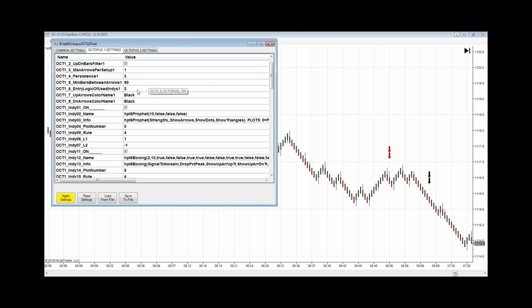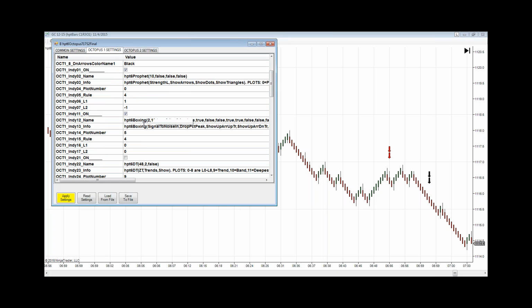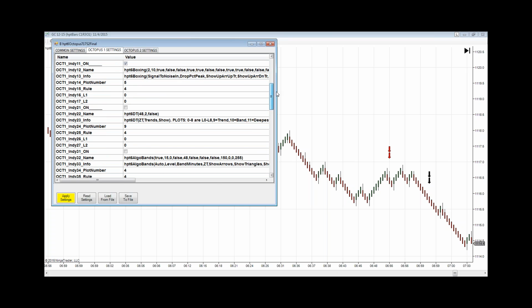It's using logic 2, which means either this first one or this second one has to be true. So in other words, the HPT6 regular profit has to be correct. It's got to be +1 or above for long, -1 or below for short, or the boxing indicator has to be correct in the proper trend.